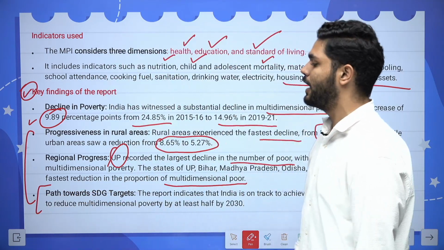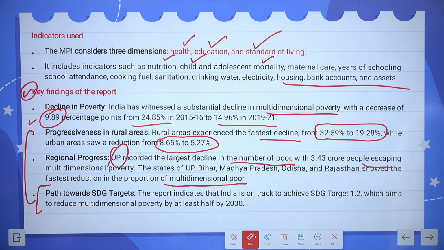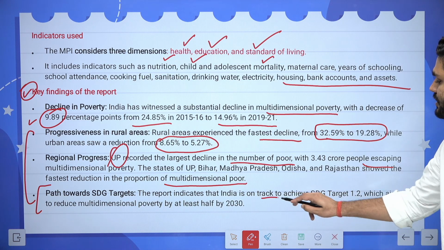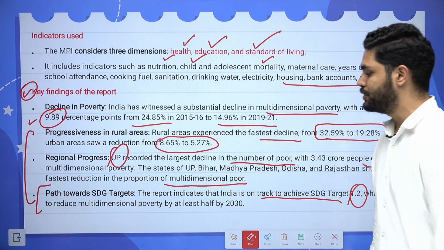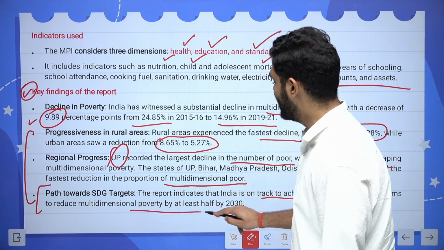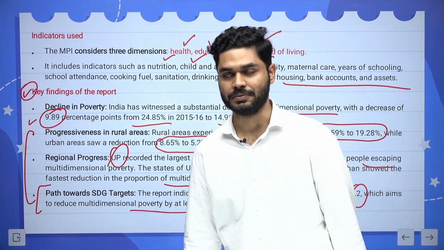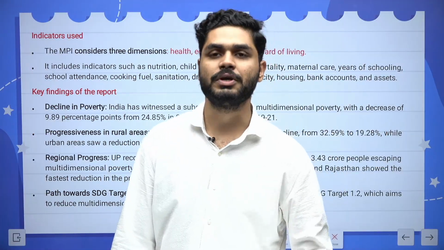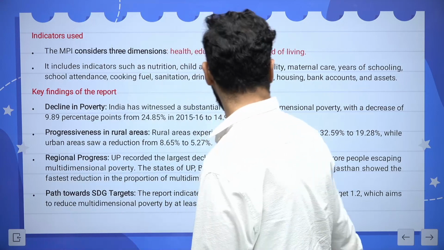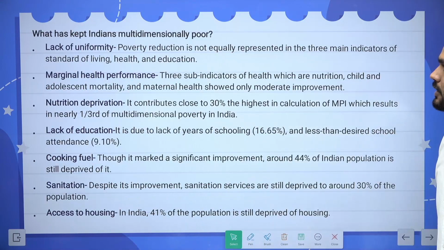Now, the fourth point is the path towards SDG targets. The report indicates that India is on track to achieve SDG target 1.2, which aims to reduce multidimensional poverty by at least half by 2030. So, by 2030, India is targeting to reduce its poverty by half, and SDG 1.2 talks about that only.